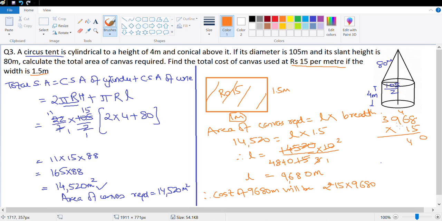So this is 14520. Oh, I made a mistake with another 0. That's 1,45,000. We had already divided by 1.5. Now we were multiplying it with 15 rather. So I shouldn't have done this calculation. I should have realized that.